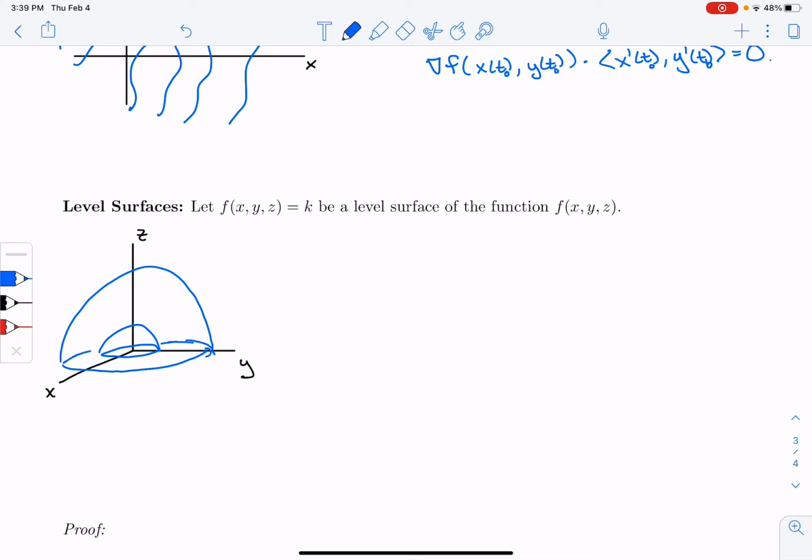Along these different surfaces, my function is constant. So here we're going to say on this surface that f is equal to k. Then if you have the gradient from this surface, the gradient is going to point perpendicular to that entire surface.